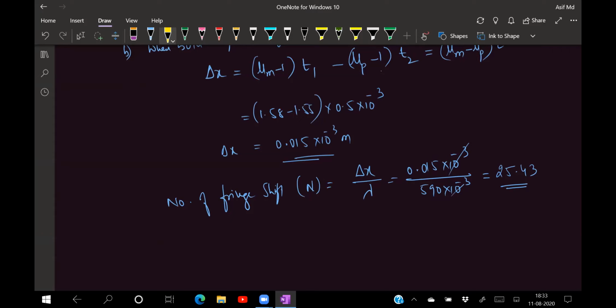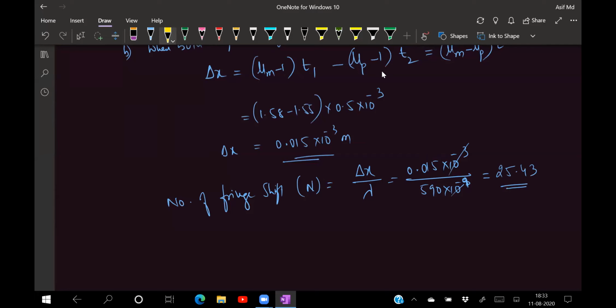Oh, minus 9, sorry, lambda is 10 to the power of minus 9. Why did I write 3? The powers go away, it becomes 10 to the power of 6.